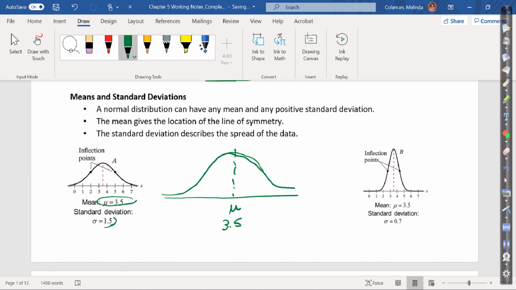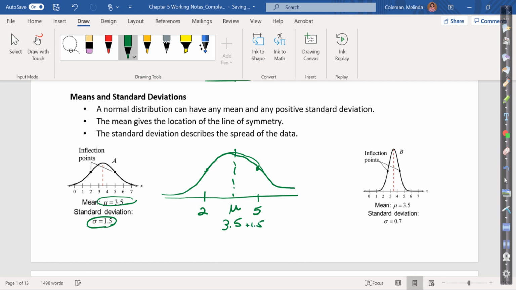Because the standard deviation is 1.5, then at about this point of inflection on both sides of the curve, we're going to add 1.5 and subtract 1.5. So 3.5 plus 1 standard deviation would put me at 5. 3.5 minus 1 standard deviation would put me at 2.